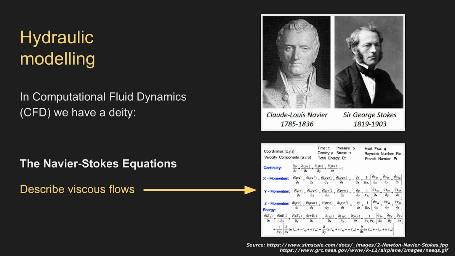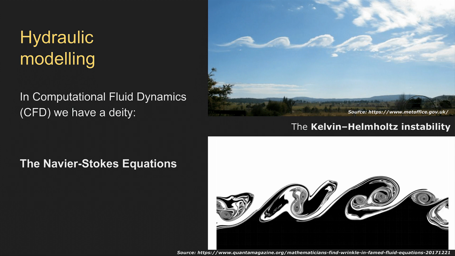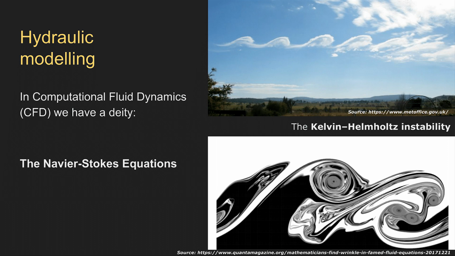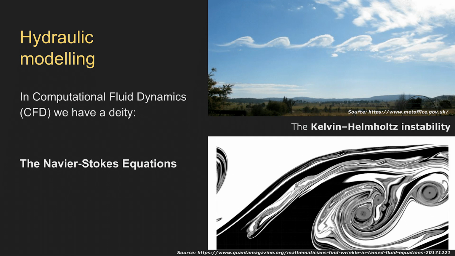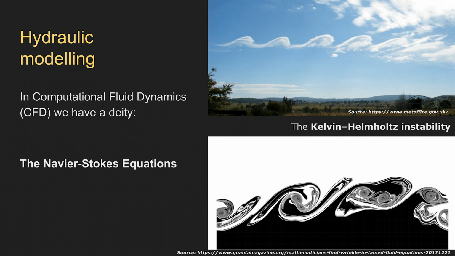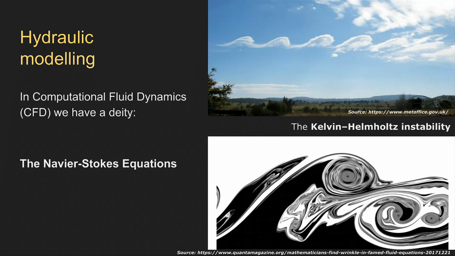They are quite complex. They allow us to describe how viscous flows work and interact with each other. For instance, with these equations, we can model the Kelvin-Helmholtz instability. On the bottom, you can see a two-dimensional model of it. And on the top, you can see how this phenomenon occurs in nature when two layers of clouds are flowing in opposite directions.